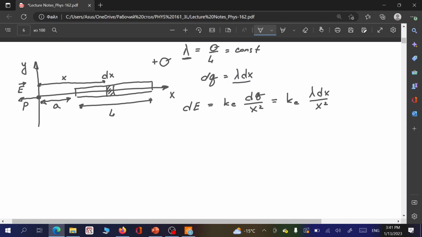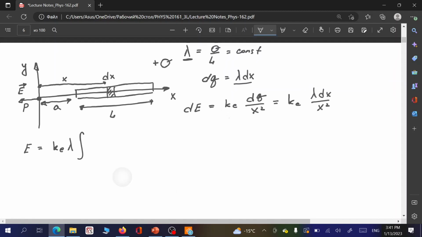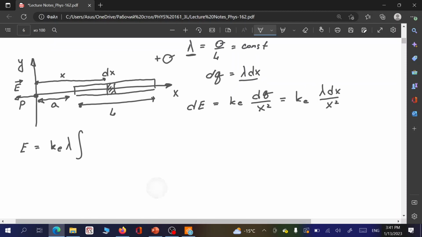And we can write the resultant electric field created by the distributed charge, not just by a small element, as Ke times lambda. These two terms are constants, so we can factor them out of the integral. What is left is dx over x squared.